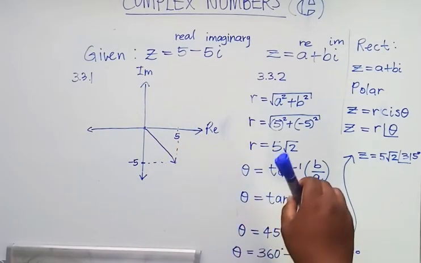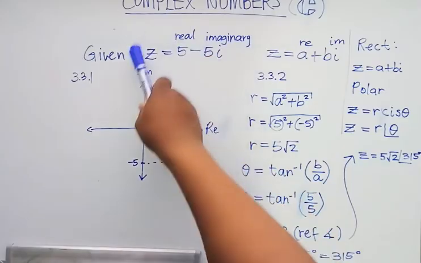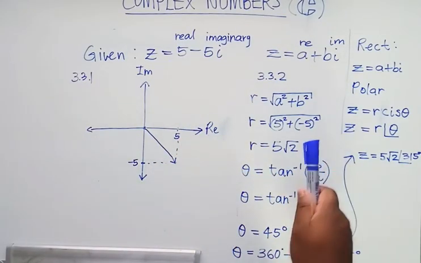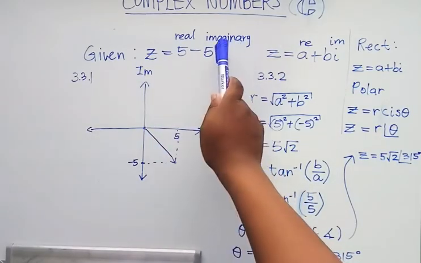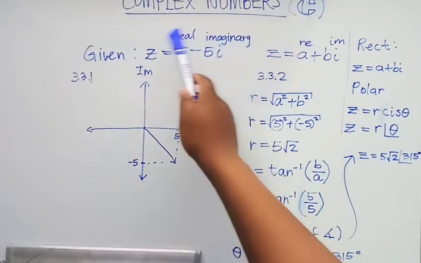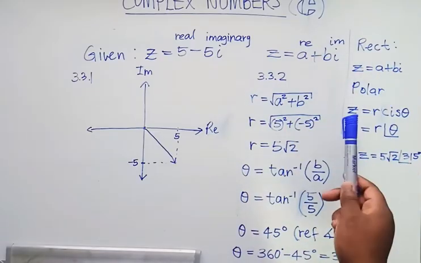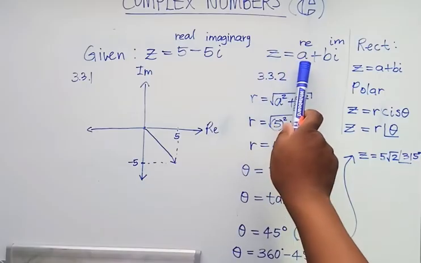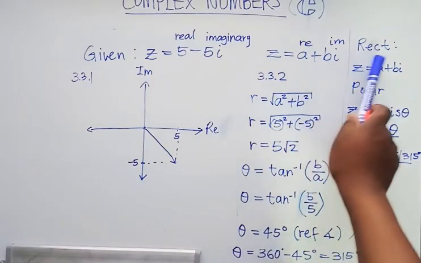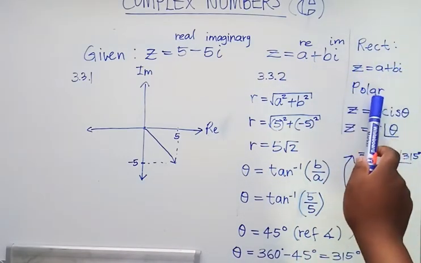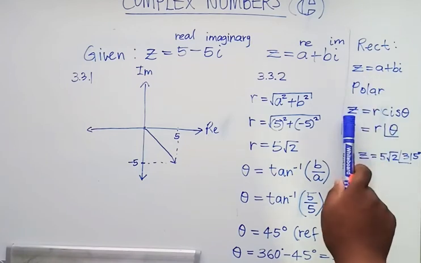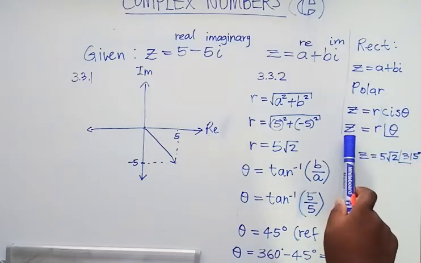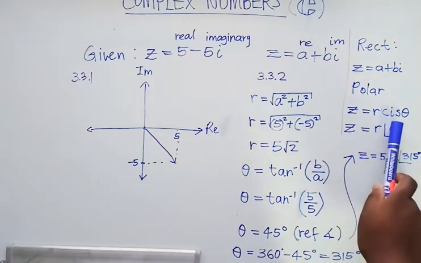Now the second question said the very same complex number, we must represent it in polar form. It is given to us in rectangular form, a plus bi, and we need to convert this to polar form. Polar form says the very same z will be r cos theta plus i sine theta, or you could say z is r at the angle theta.